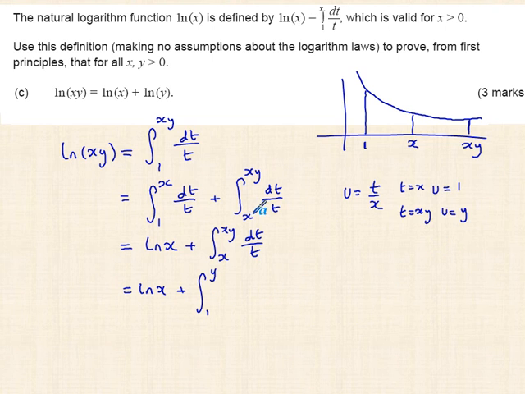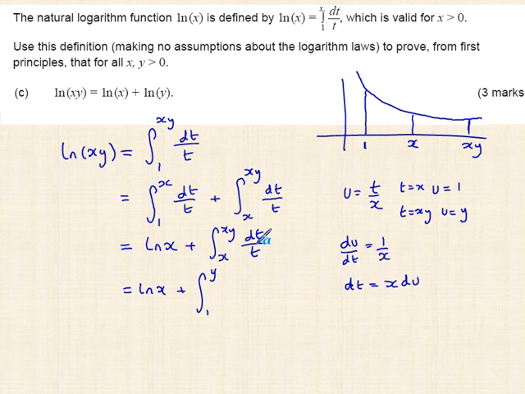Now, in this context, remember that x is actually a constant. So if we differentiate here, du dt is actually equal to just 1 over x. So that gives me that dt is equal to x du.